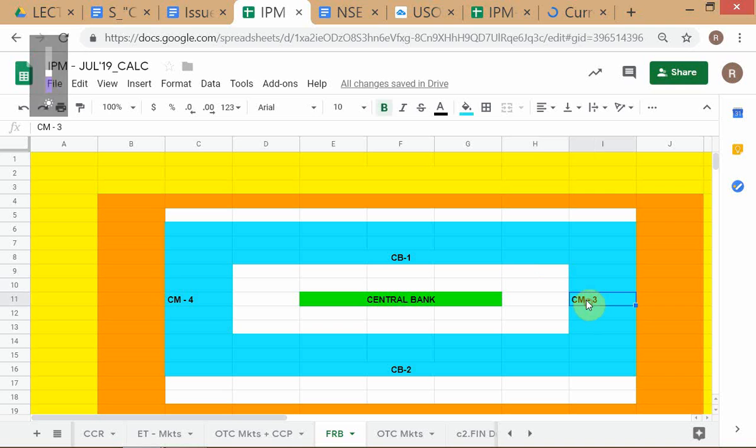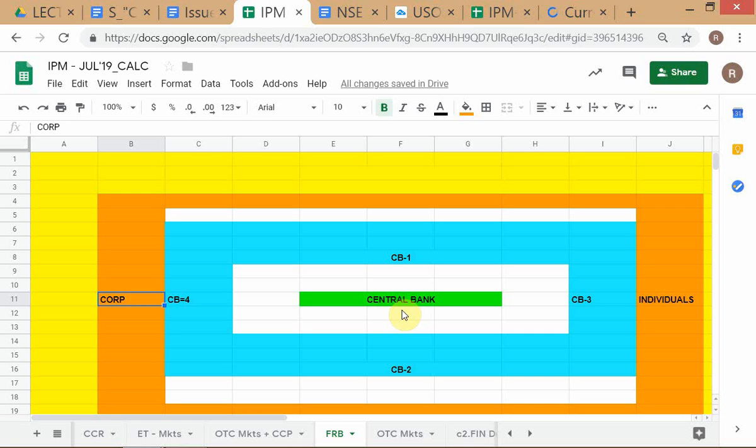We'll call this CB 3 and CB 4. And then on the outer circle you have corporates, then you have individuals. All right, so this is just a schema now.